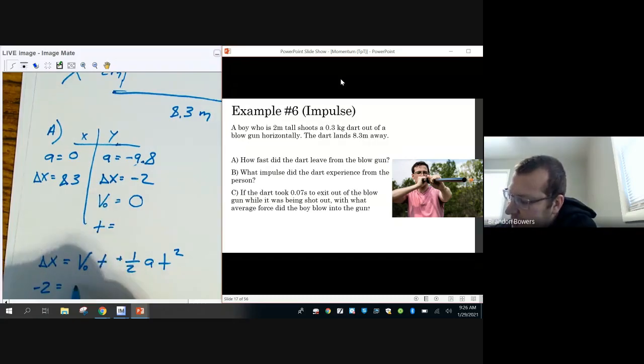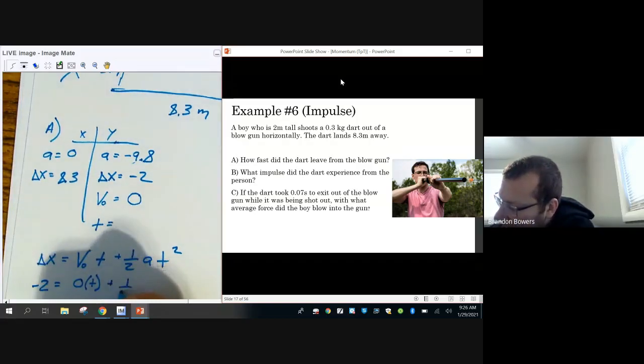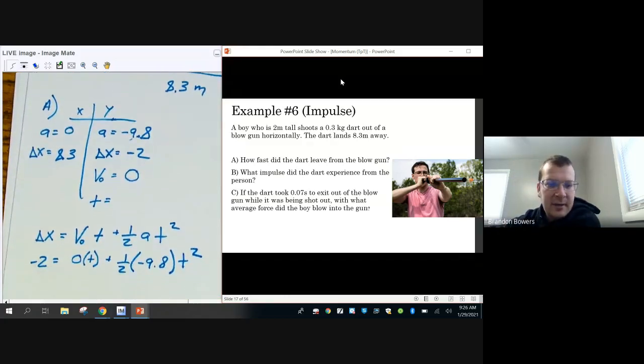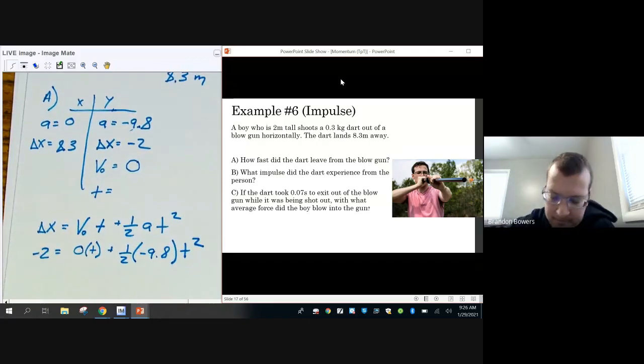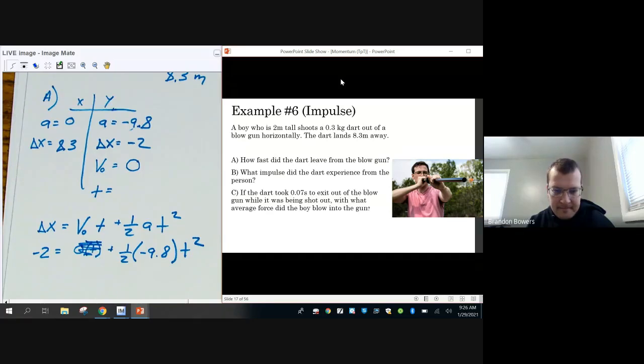My initial velocity is 0 times t, plus 1/2 times -9.8 times t squared. That should help me solve for time. So let's plug this in real quick. That's just 0. -2.